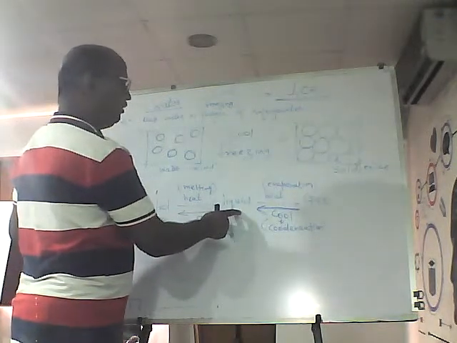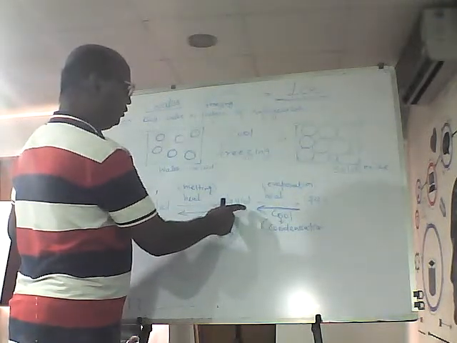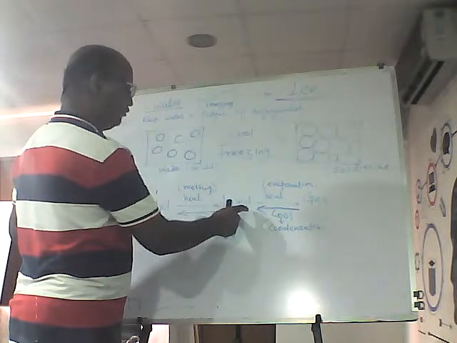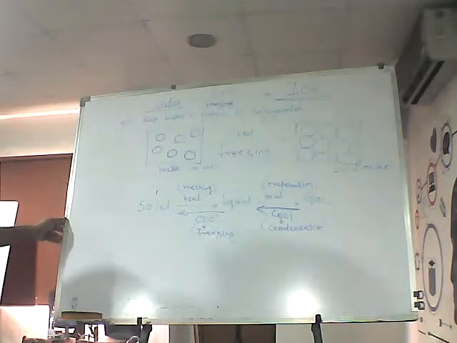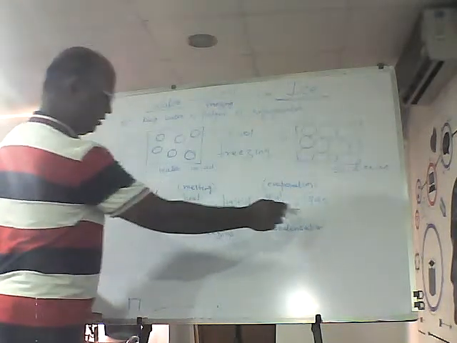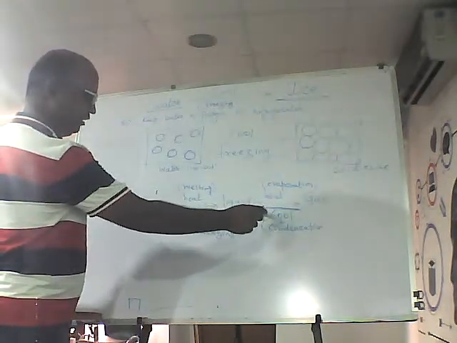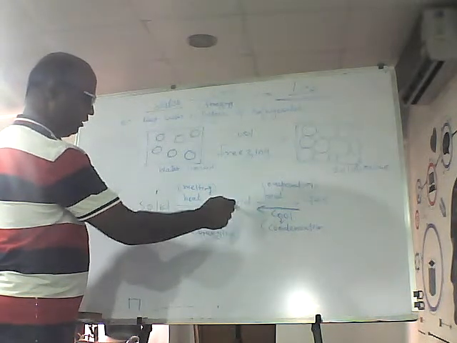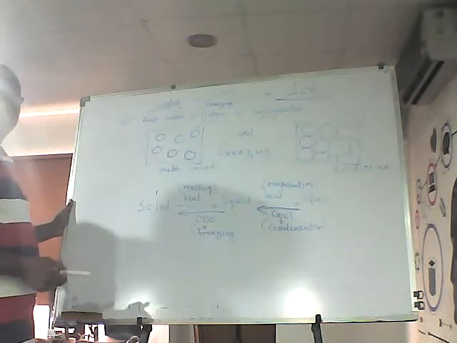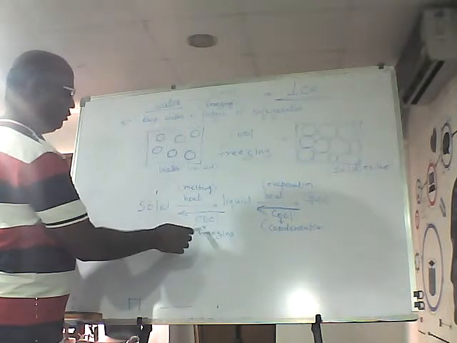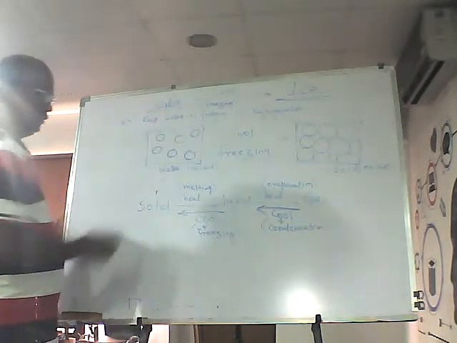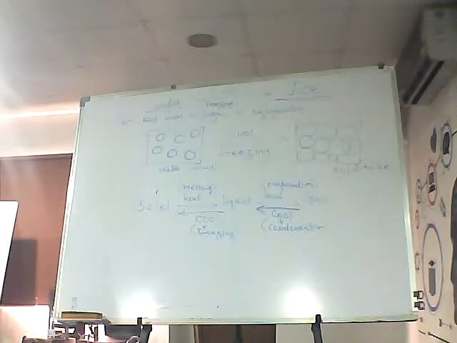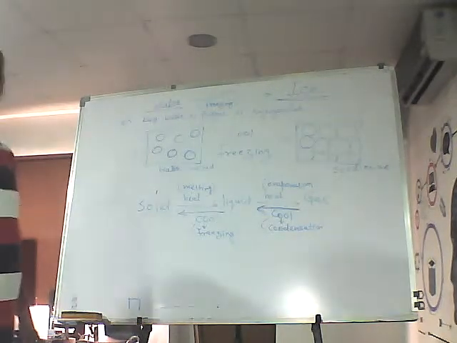When we heat the liquid, they again gain energy, they move still further away, they convert into gas. When we cool gas, the molecules lose energy, they come near one another, they convert into liquid. When we cool the liquid, they lose energy, come near one another and convert into solid. Is it clear to all of you?